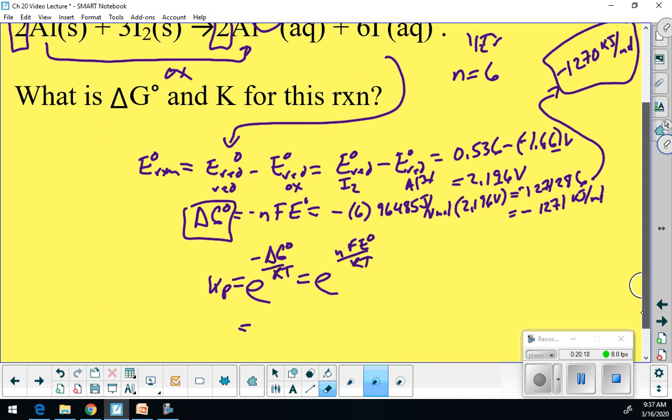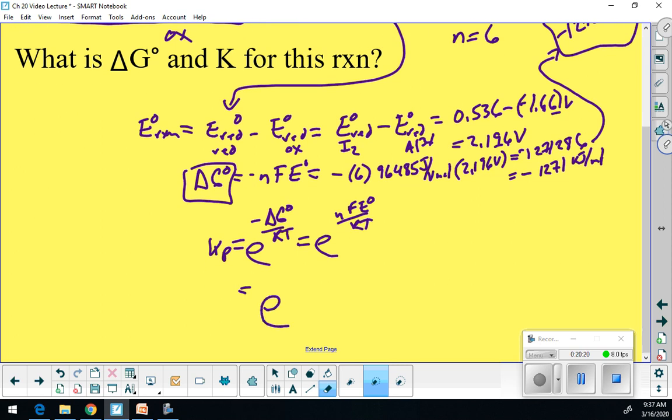So I have my e to the negative, which is already a negative 1271286, right? Because that is my joules per mole, right? Divide that by 8.314 joules per mole Kelvin times 298 Kelvin, right?